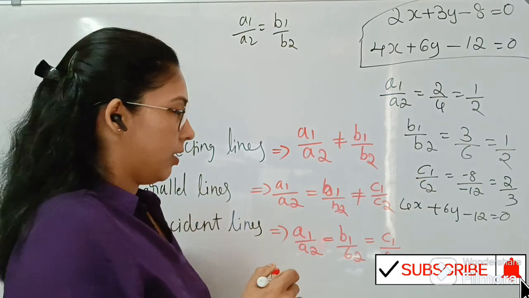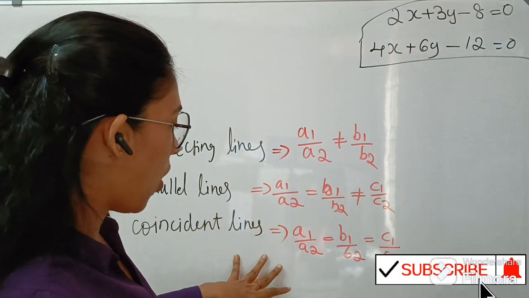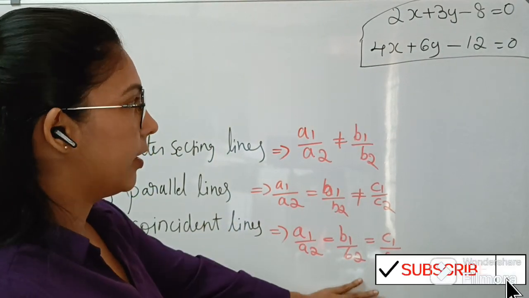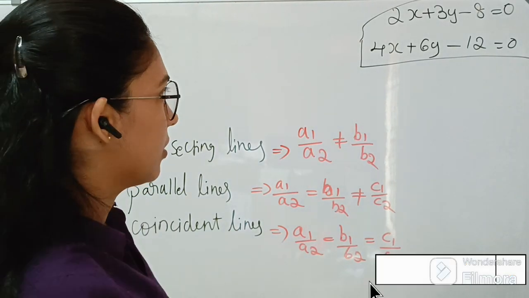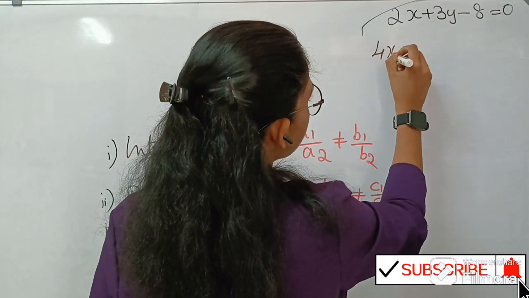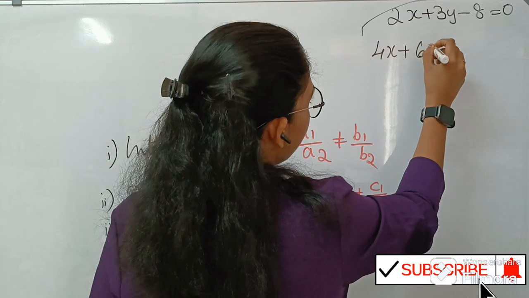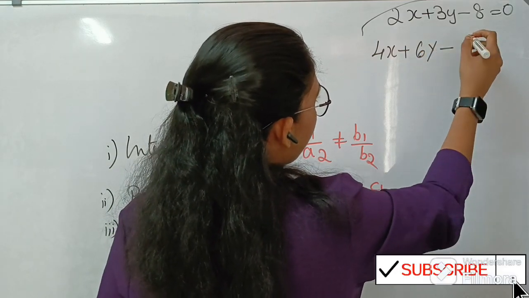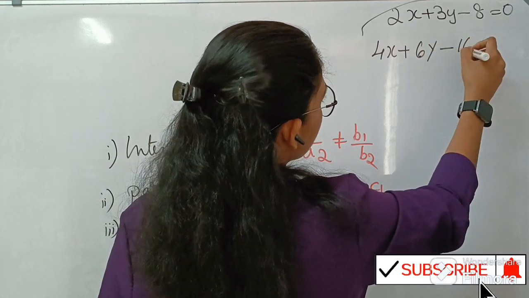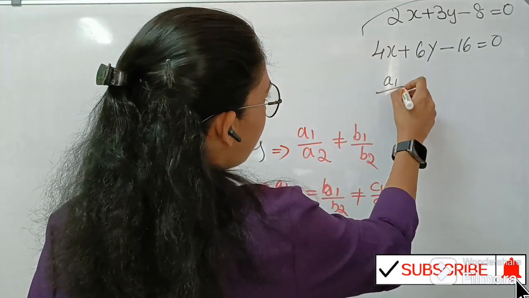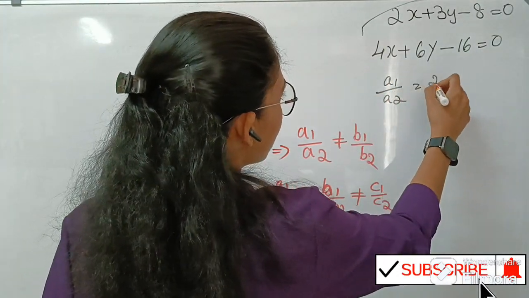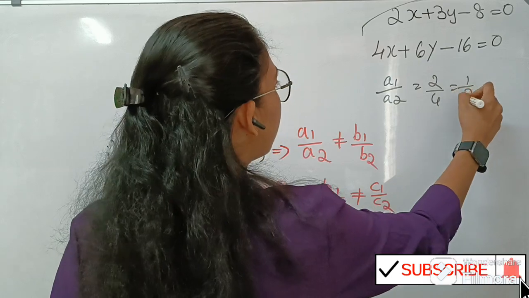Now the condition that lines should be coincident: all the ratios should be the same. Take 4x plus 6y minus 16 is equal to 0. Now let's check. a1 upon a2 is equal to 2 by 4, which is equal to 1 by 2.